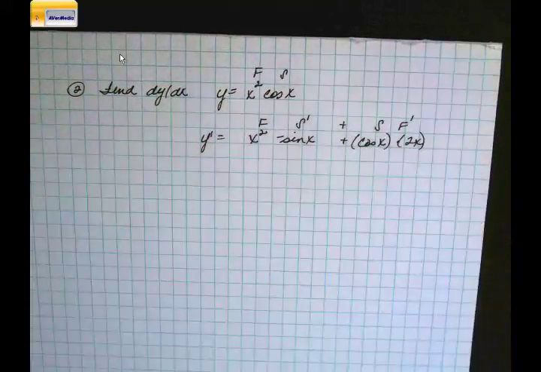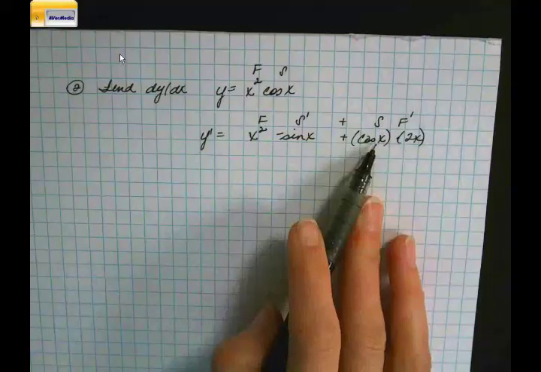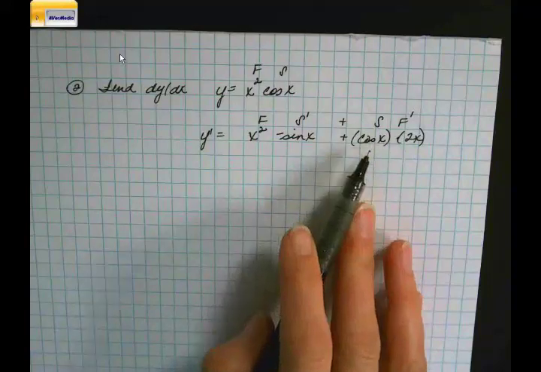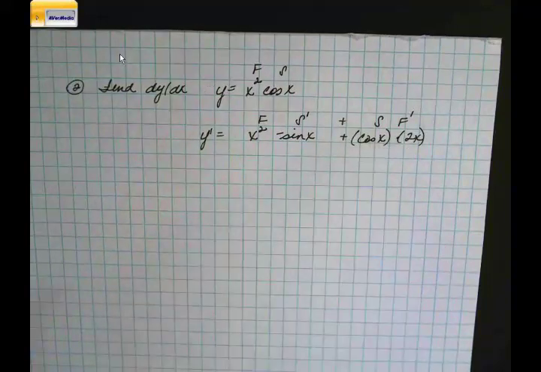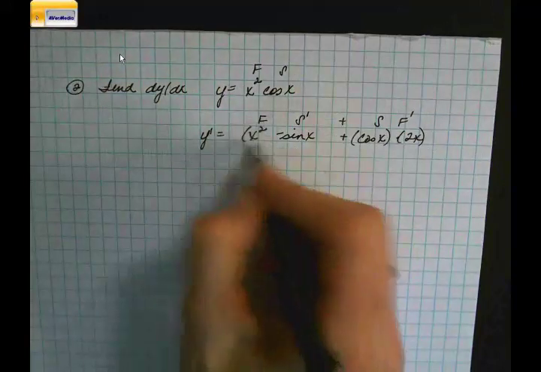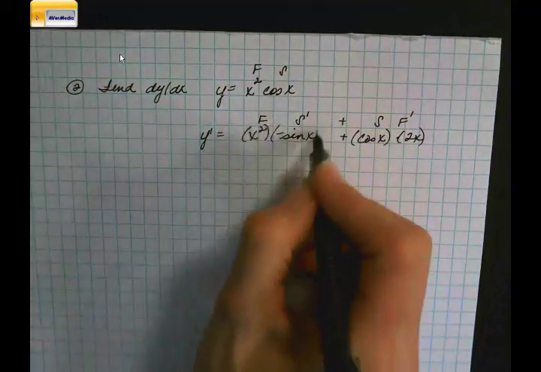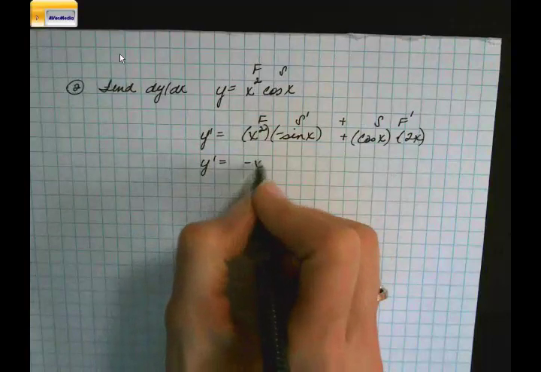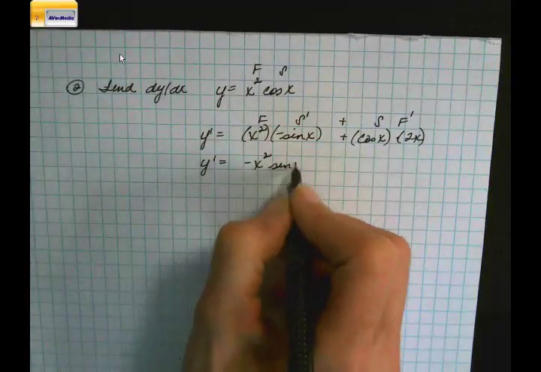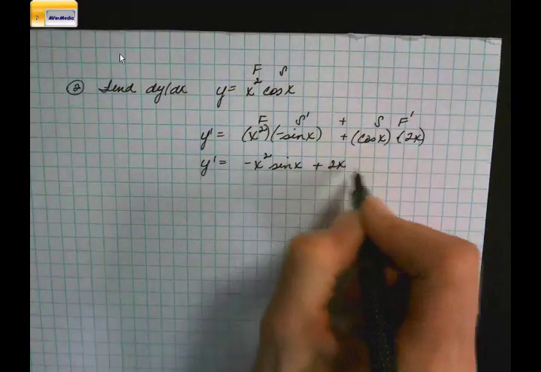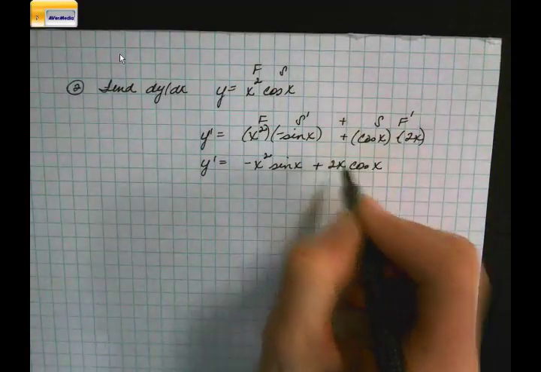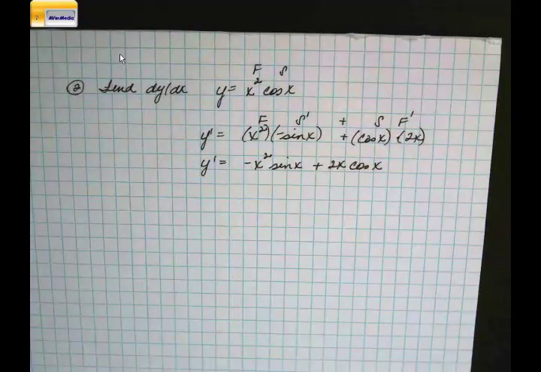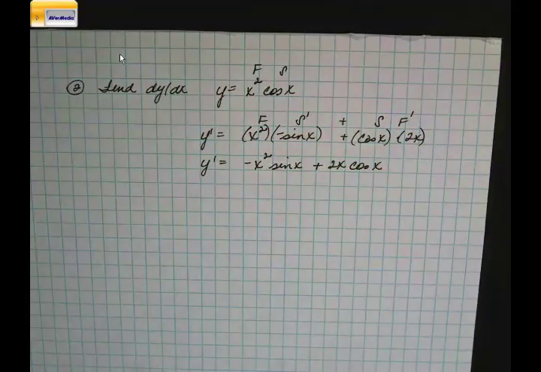Maybe I should put this in parentheses. That 2x is not times the argument of the cosine function. Okay, this is not x times 2x, which is 2x squared. That is not the way it works. So that's why I'm really going to put the parentheses in to be able to clarify that for you. So this is just negative x squared sine x plus 2x cosine x, the first derivative of that function.